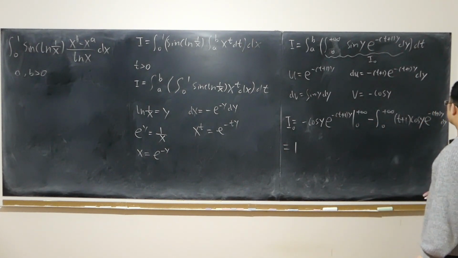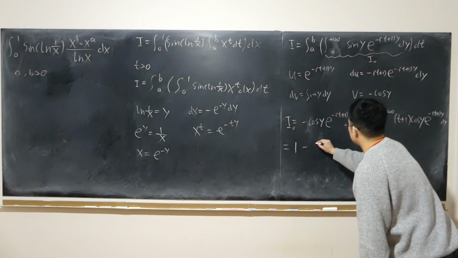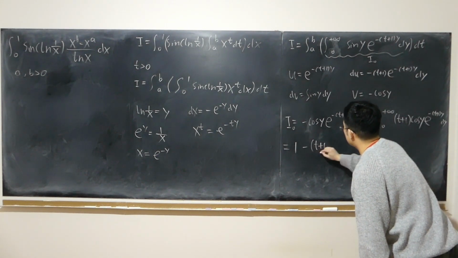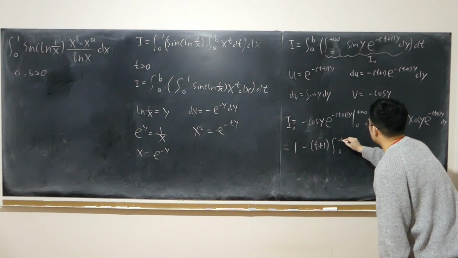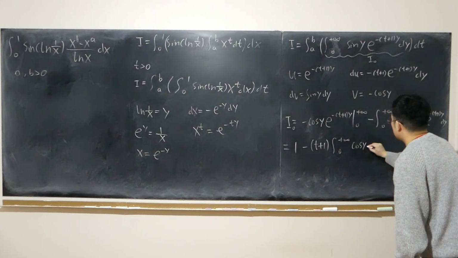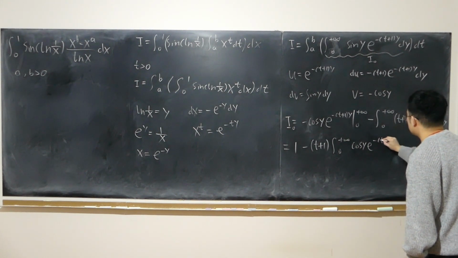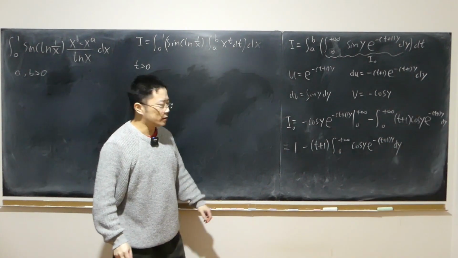Here, what do we have? Minus t plus 1, a constant, taken out. Here, we still have 0 to positive infinity of cosine y, e to the negative of t plus 1 times y dy. So let me see.